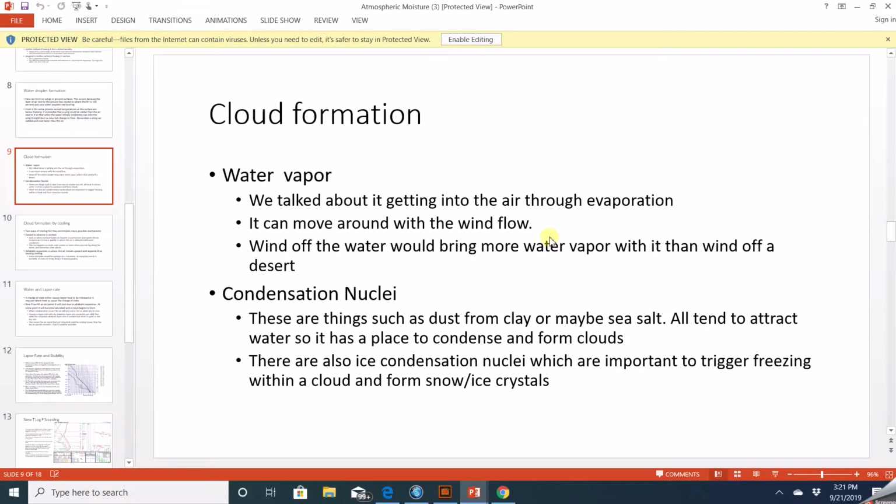So with water vapor, we want to know how clouds form. Well, guess what? Water vapor, when it condenses and becomes liquid, actually can't condense unless there is dust or dirt or sea salt in the air.